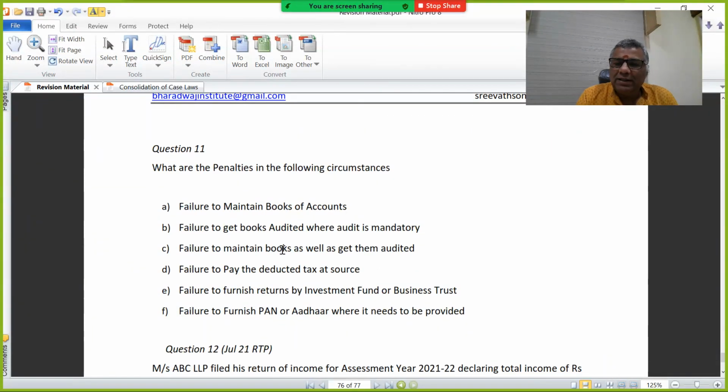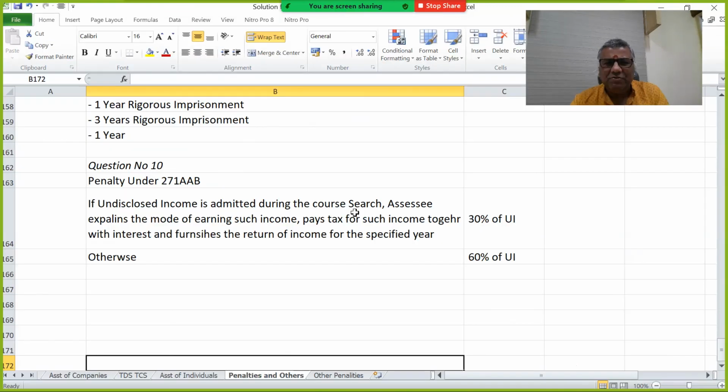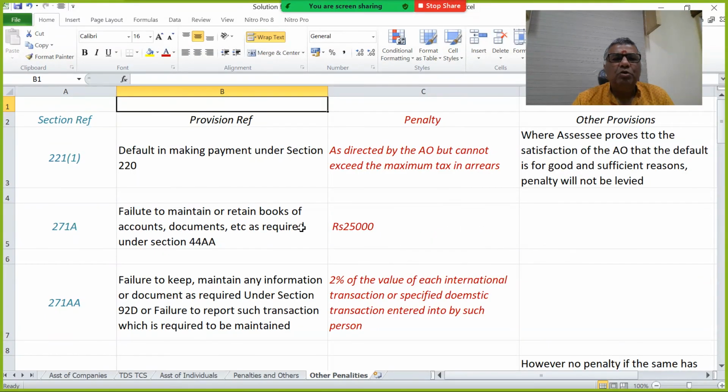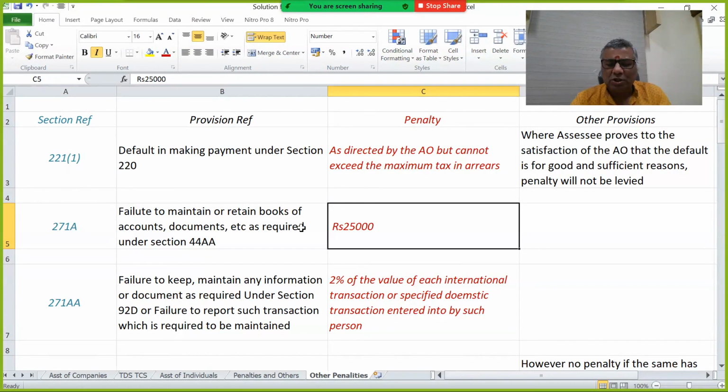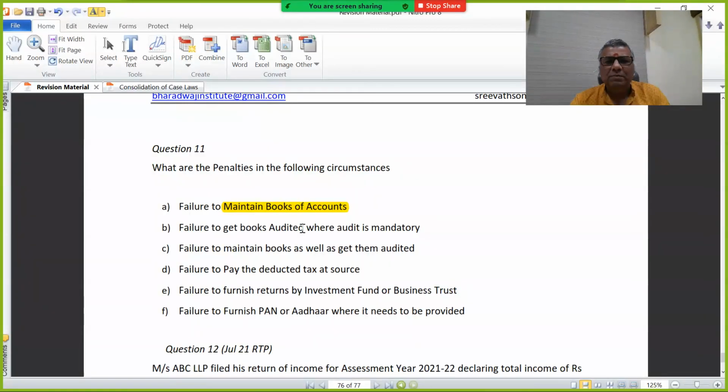What are the penalties in the following circumstances? Failure to maintain books, a small quantum, only 25,000.